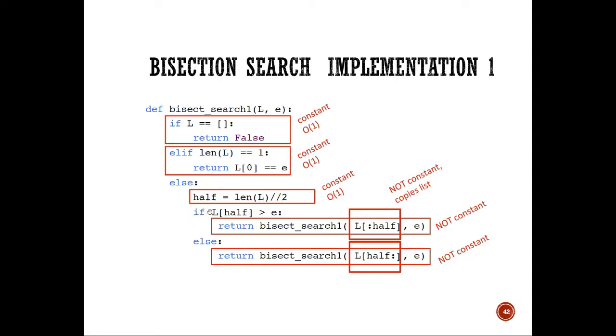Else, we would divide the length of the list by half and then recursively call the same algorithm again. So here, this is not a constant because we are taking another copy of the list to search within it.